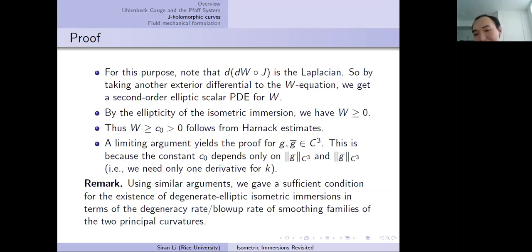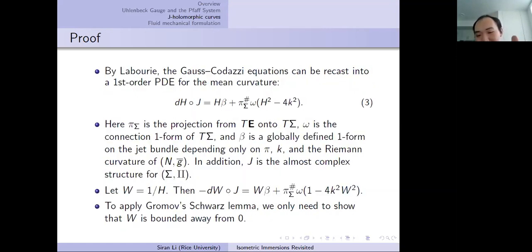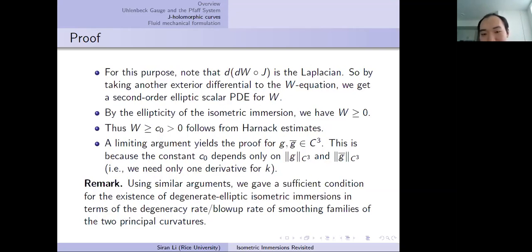In the degenerate case, we can look at non-negative solutions, where W equals 1 over the mean curvature. If I do the usual Harnack estimate, this equation, by taking another derivative, satisfies the structural assumptions to apply the classical Harnack results, say by Schrödinger. And we can actually prove that W is uniformly bounded from below.